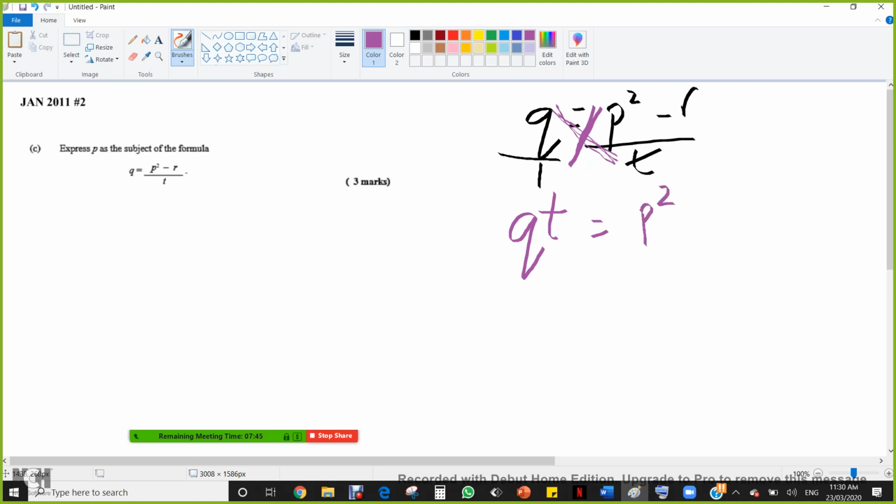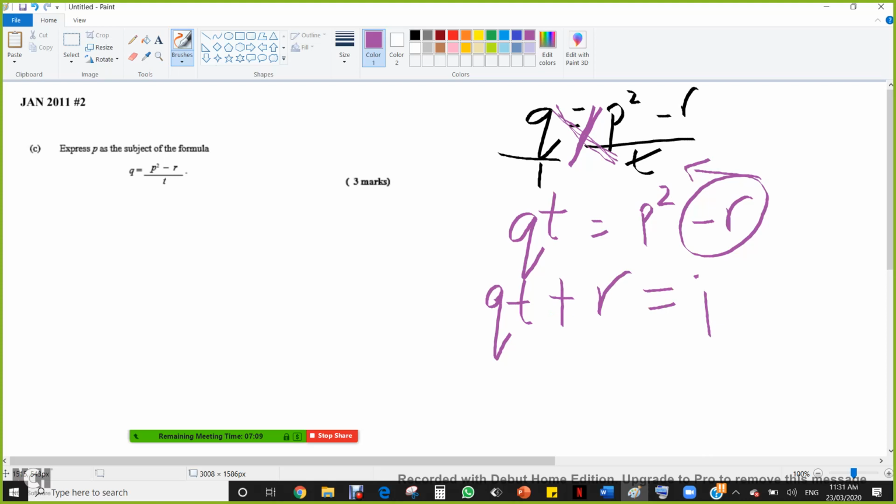P squared minus R. And we want to make P the subject of the formula, so we're taking this and carrying it across. QT. QT as in cutie, QT. Sanjay just didn't want to say QT. I could tell. So it's equal to P squared.